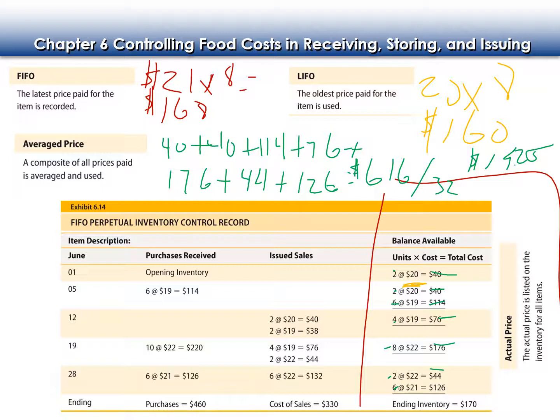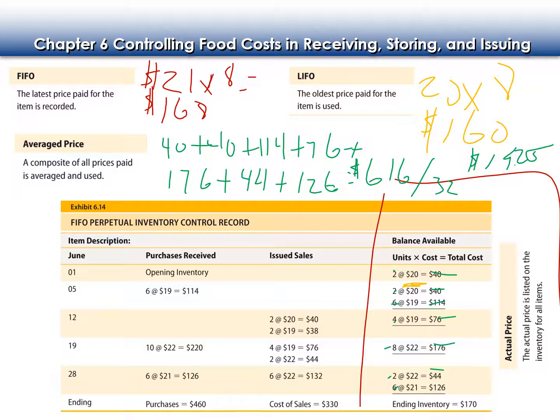What situations would you decide to use the actual or the FIFO? So I would say things like meat. If meat is fluctuating, then based on what I have left in my inventory, I might use the FIFO because I'm going to pay the most recent price for meat.